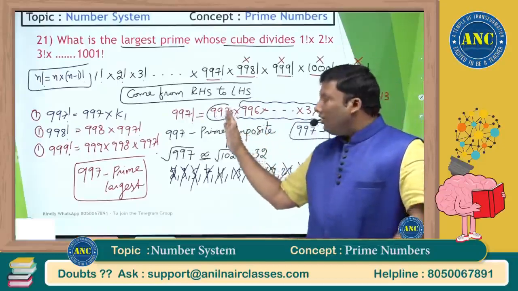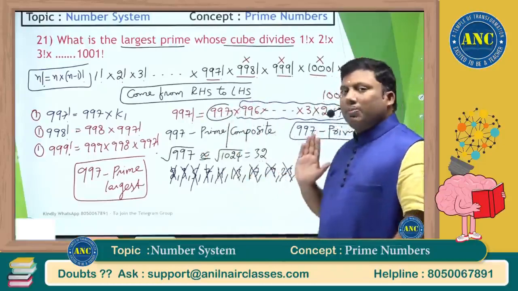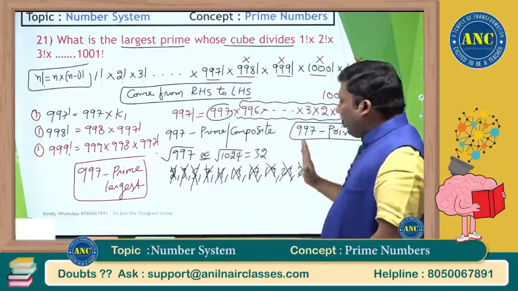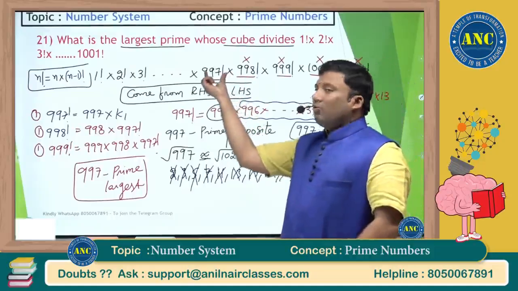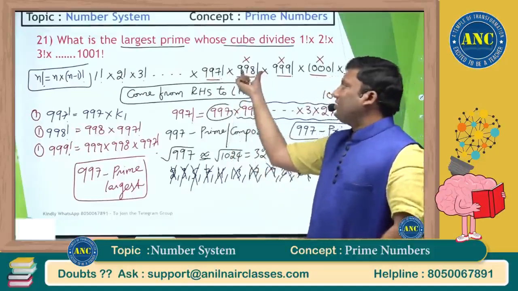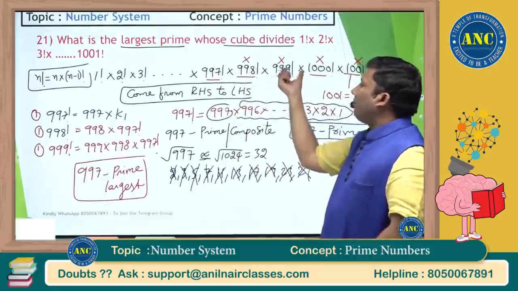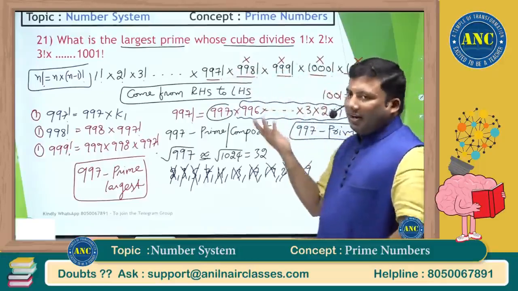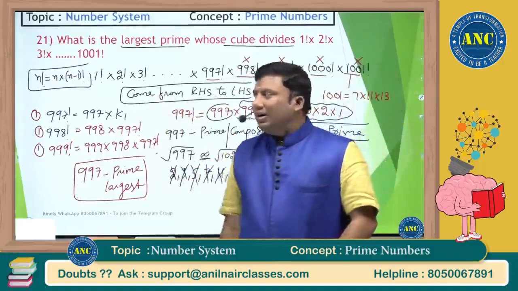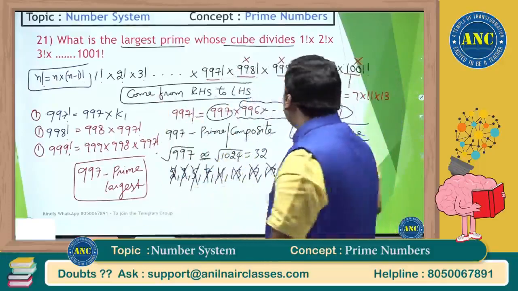I wanted to know whether 997 is a prime or composite number. I used the prime or composite logic and got that 997 is a prime number. In that one power of 997 is there. In this another power of 997 is there. Another power of 997. Anyway, power here 1, 2, 3, power 5. I require a cube. Definitely it divides. Answer is 997. Very, very good question. Put a star mark.